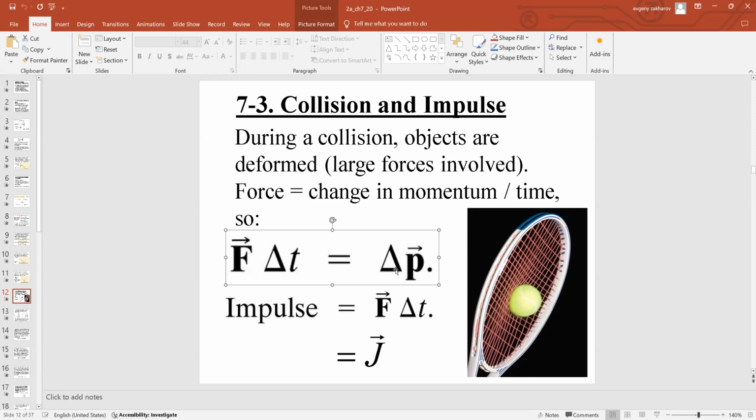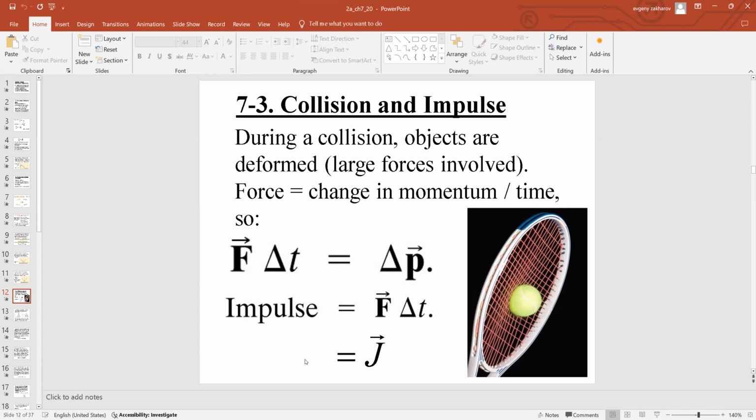Well, that would be the force from the racket acting on the ball times the time that the collision took place. So, say 3 milliseconds or 5 microseconds, whatever the time is, times the force from the racket on the ball. That would be the change in momentum for the ball. And once again, if you don't like delta P, the change in momentum, you can say capital J. Capital J is what we define as impulse.